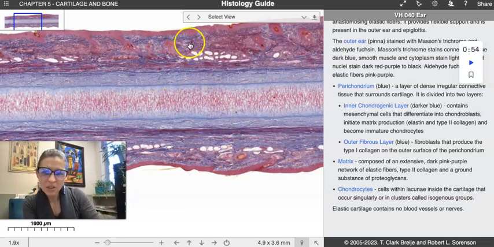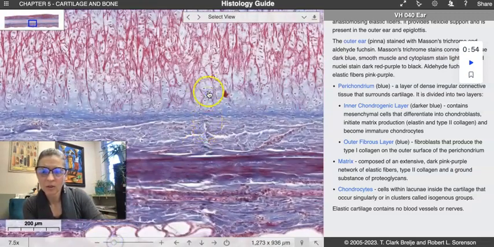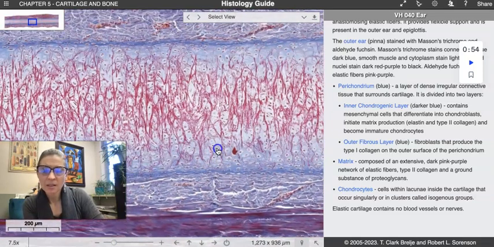We can pretty much ignore a lot of this other tissue. We could get in there and look at muscle and fat and all of that good stuff, and that's there, but we really are here to zoom in and look at the cartilage. Elastic cartilage has a definitely different appearance than hyaline or fibrocartilage.